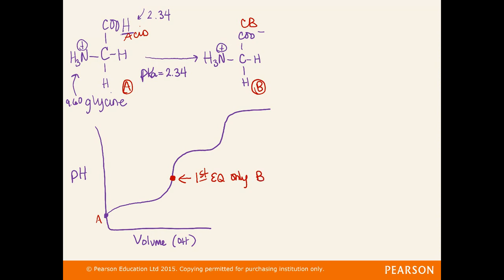Now, as we've been discussing and learning, at halfway to first equivalence, we have that spot where we have 50%, I'm going to just put pH equals pKa plus the log of structure B over structure A. And at that point here, where I put the X, you're going to have equal amounts of A and B, 50-50 in the mixture.